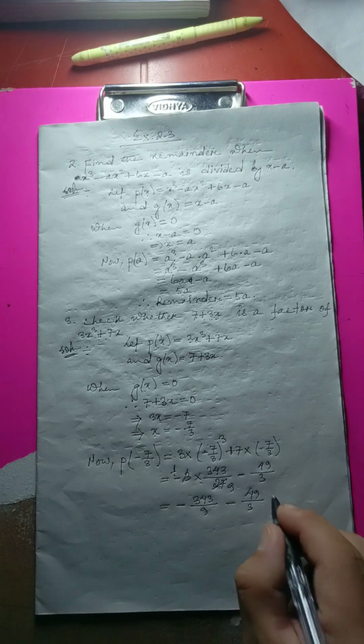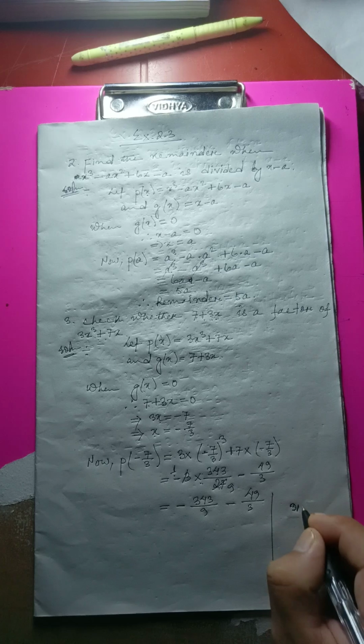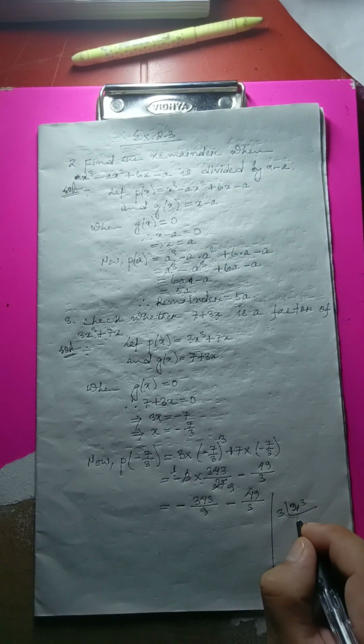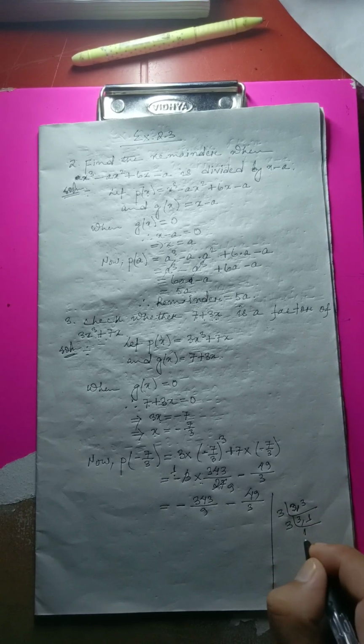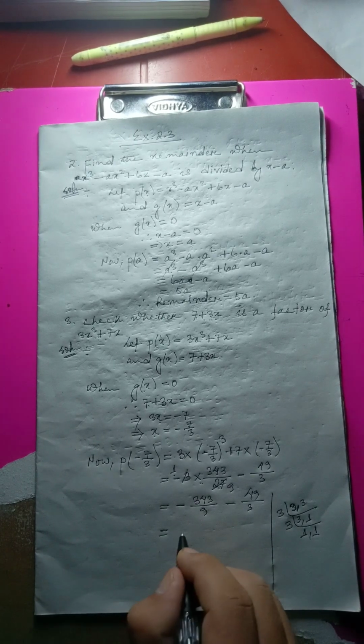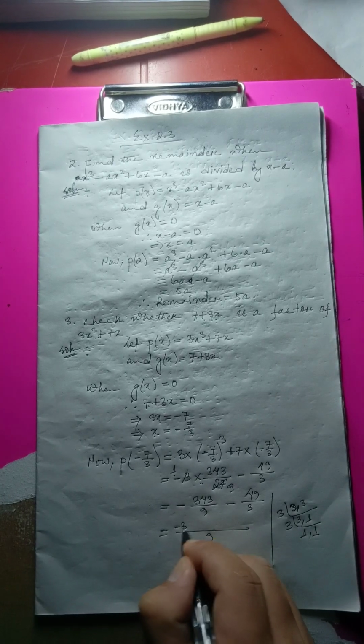And now let us take the LCM of 9 and 3. 3 3s are 9, 3 1 is 3, and 3 1 is 3. So keep it as it is. That is the LCM that we will get here. It will be 9. Here it is minus. Let us take minus again.